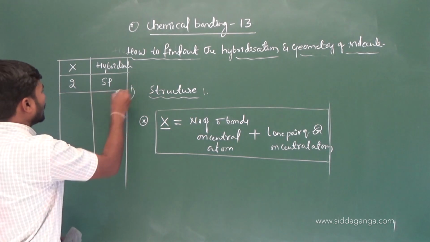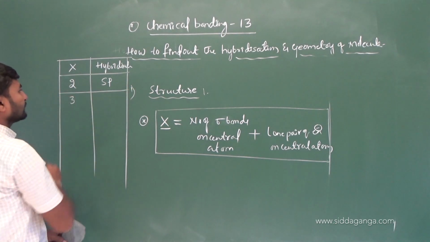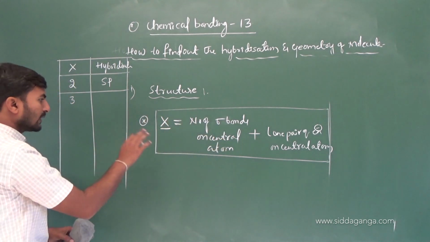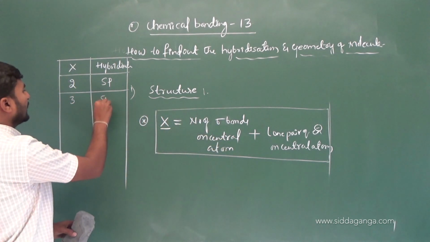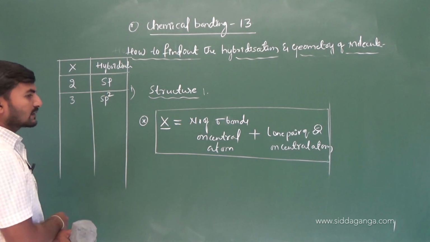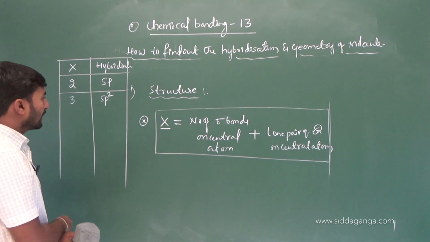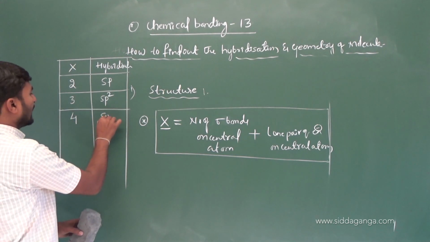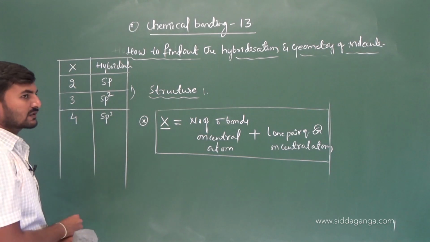If the value of x is equal to 3, after this calculation, if you get the value 3, then it expresses sp2 hybridization. Suppose the value of x is equal to 4, then it exhibits sp3 hybridization.